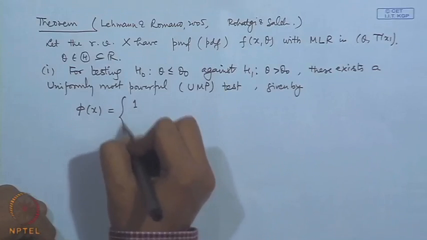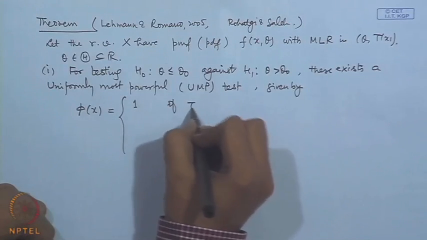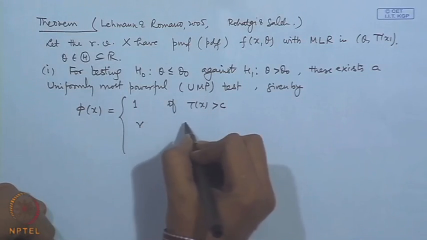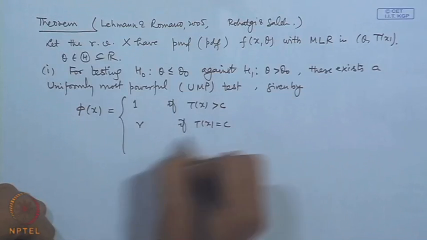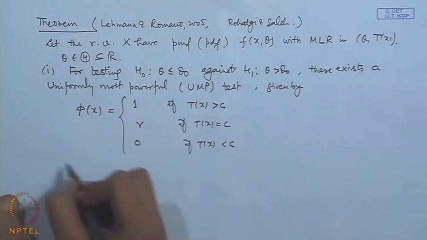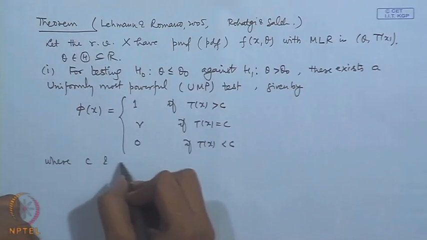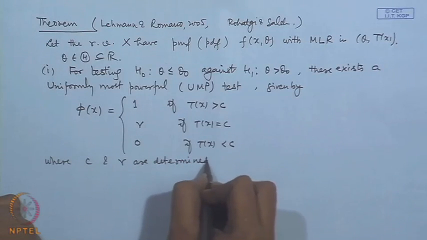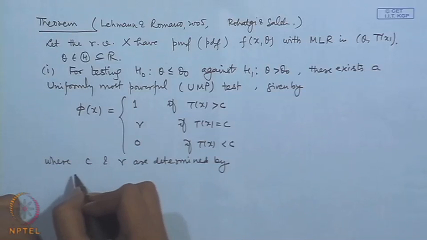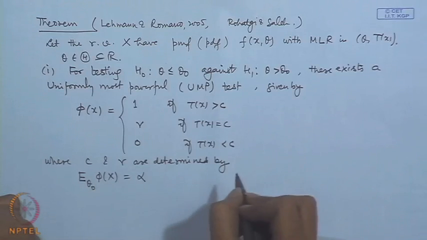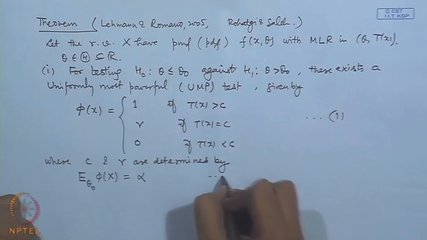You reject if T x is greater than c, you reject with probability gamma if T x is equal to c, and you accept if T x is less than c, where c and this gamma are determined by expectation under theta naught of phi x is equal to alpha. Let me call these conditions 1 and 2.